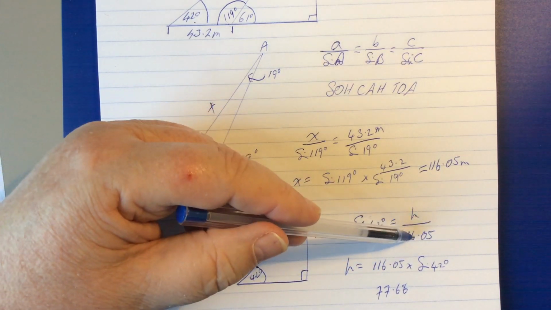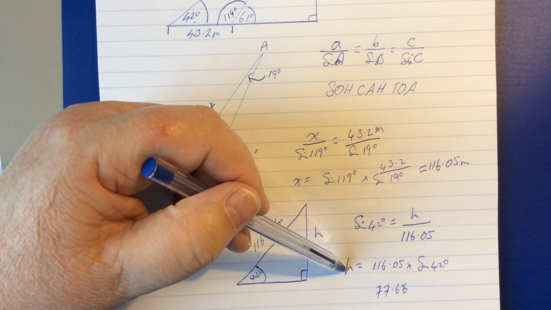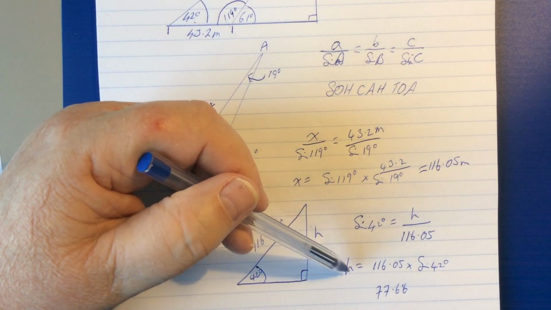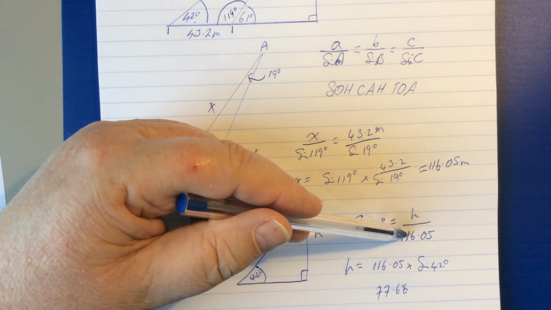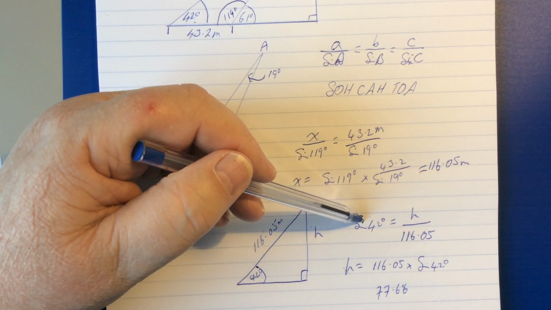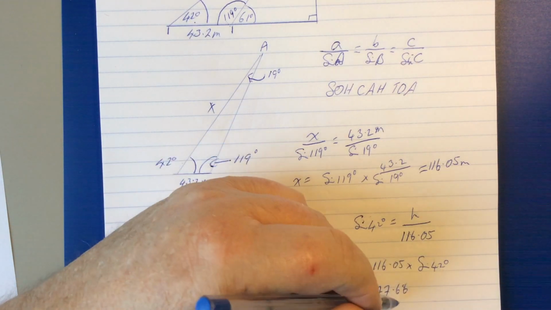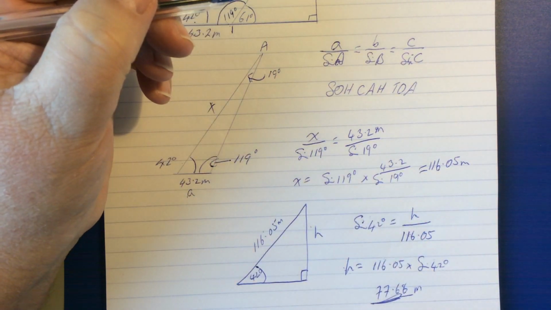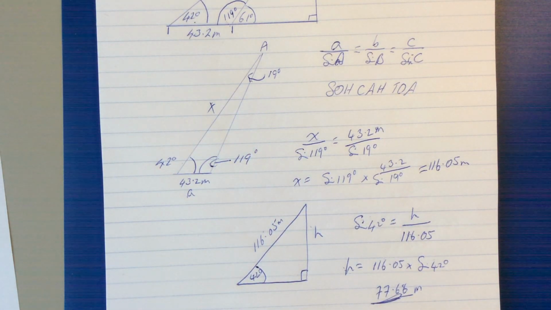Rearrange this, and h, the height, is equal to 116.05 and some decimals, times the sine of 42 degrees, which is that. And that gives us 77.68 meters. That is the height of this, and that's how you do it. It's not the only way, as I said, but it's a way.